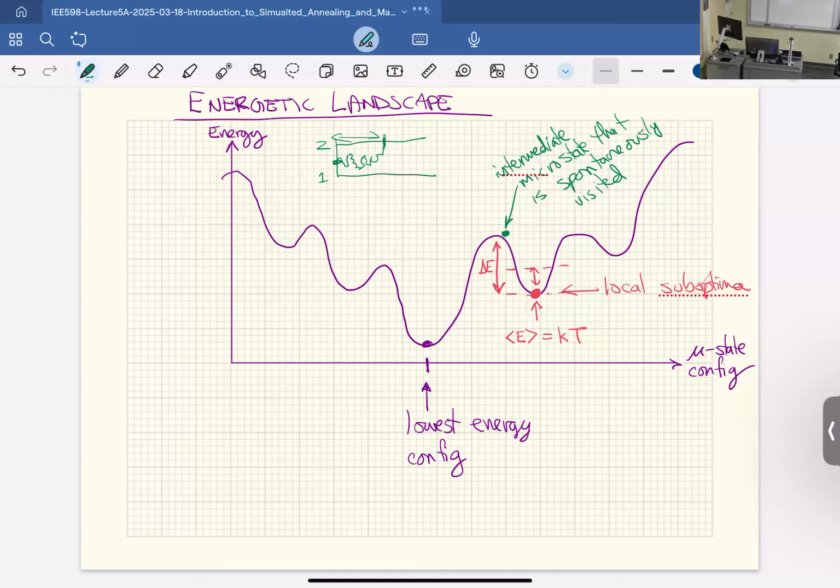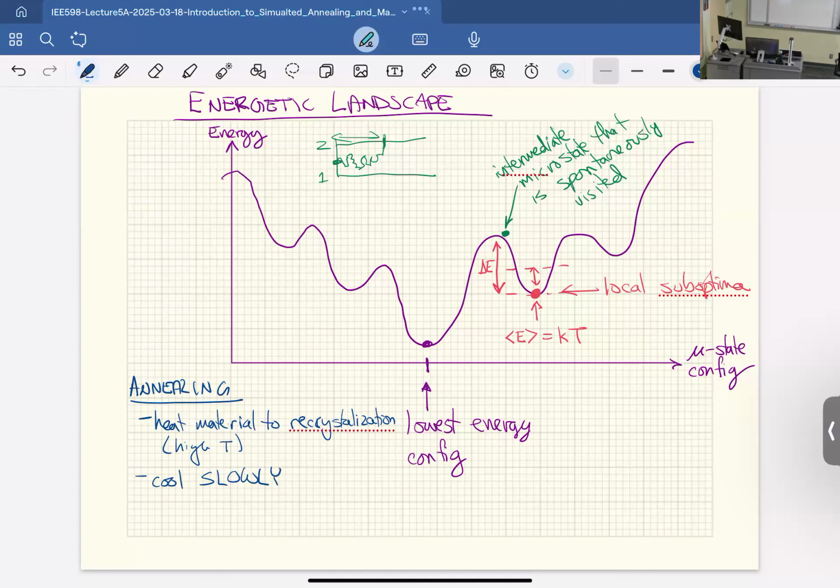So in normal physical annealing, we are going to heat the material to recrystallization, so basically very high T. And then we are going to cool slowly, which is going to lower T by a schedule.